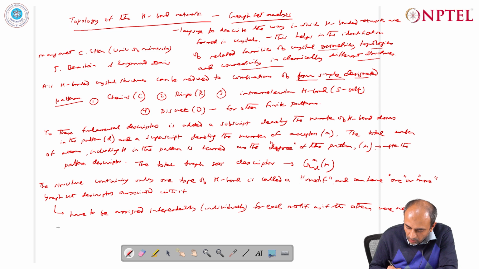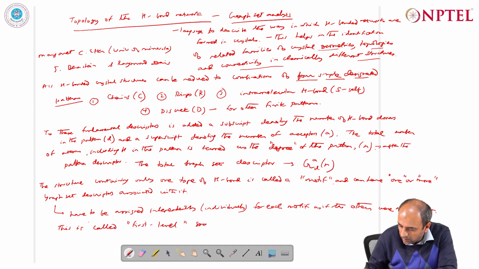And this is called first level graph set and written as N1.